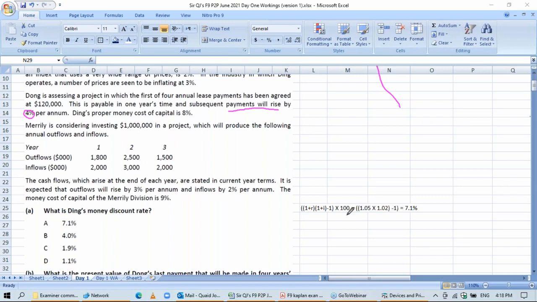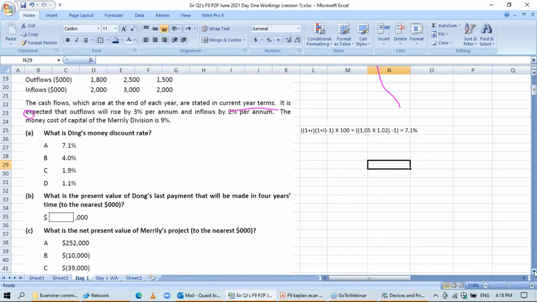Okay, let's continue, students. So let me tell you again that requirement B is asking for what is the present value of Dong's last payment that will be made in 4 years time.